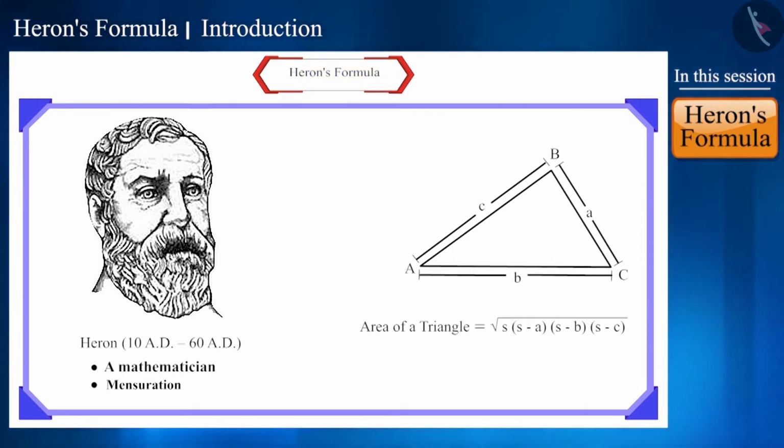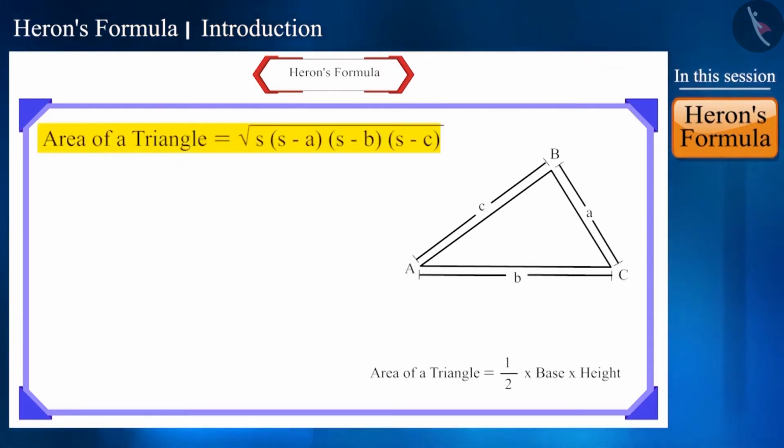You must be wondering that if we already have the formula to calculate the area of a triangle, which is area equal to half base into height, then what is the need for this new formula?